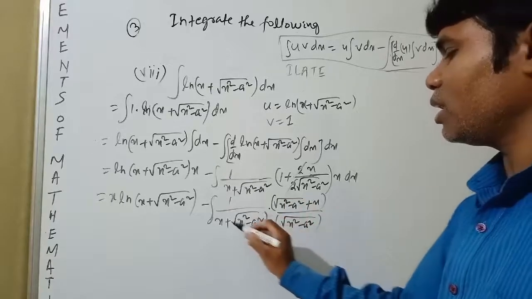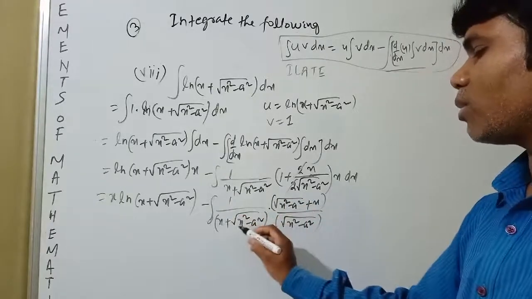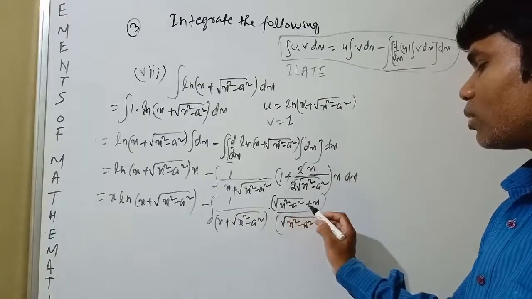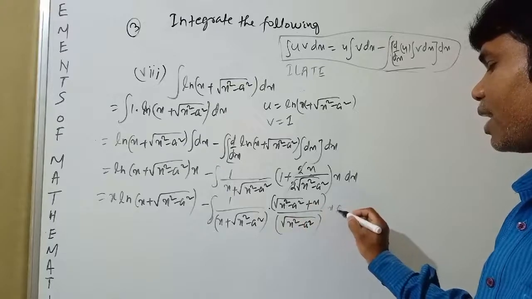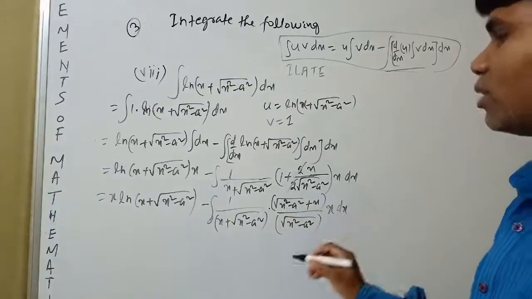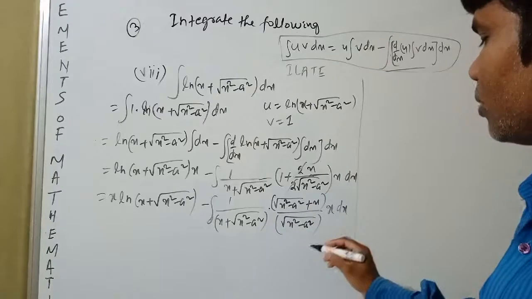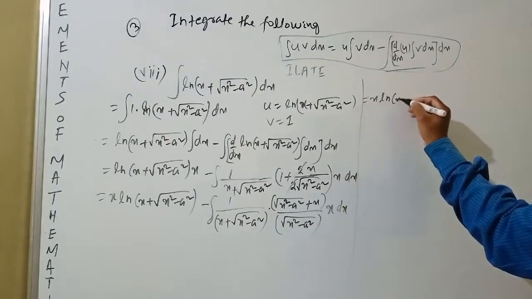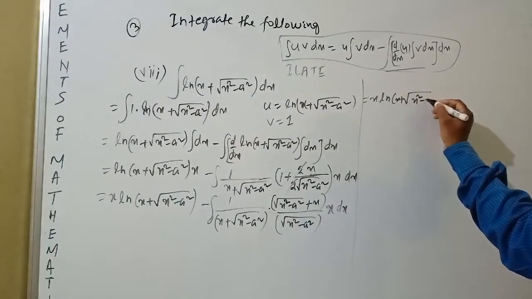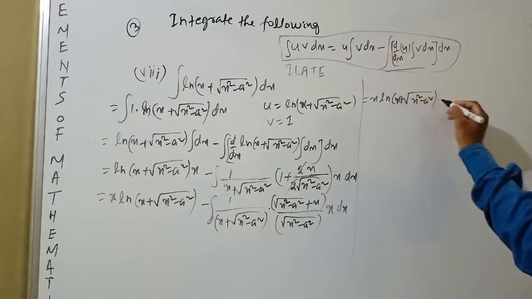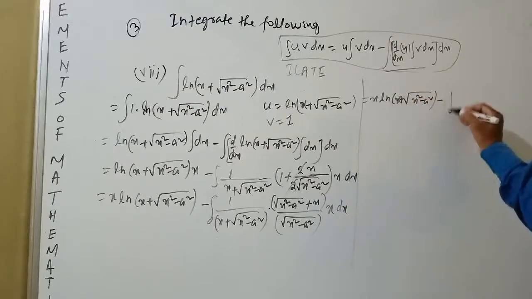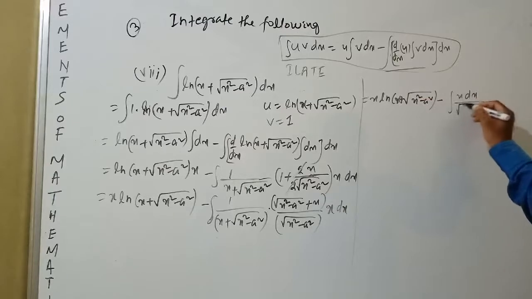You see these two will cancel out, x + √(x² − a²) and √(x² − a²) + x. So what do you get? x ln(x + √(x² − a²)) minus x dx by √(x² − a²).